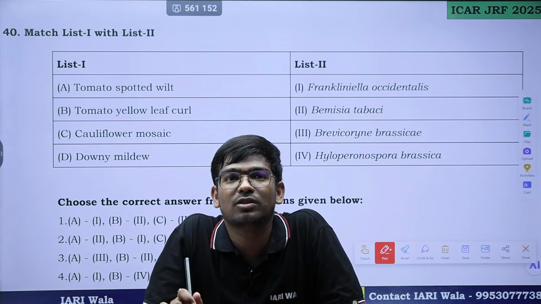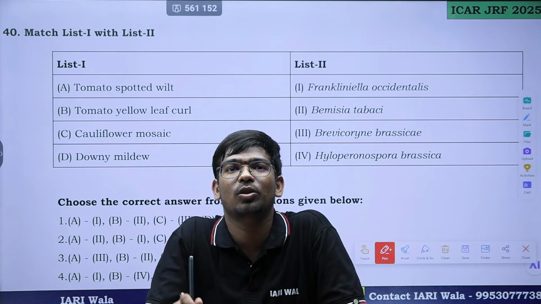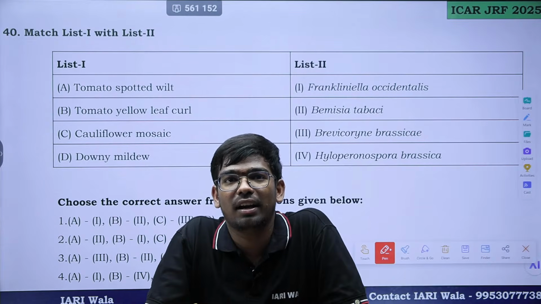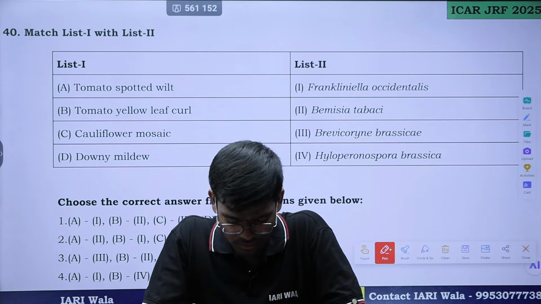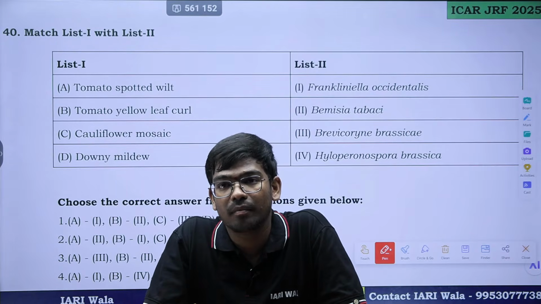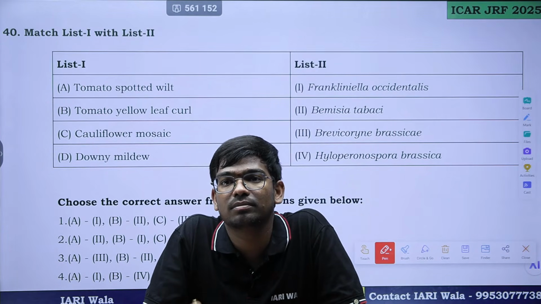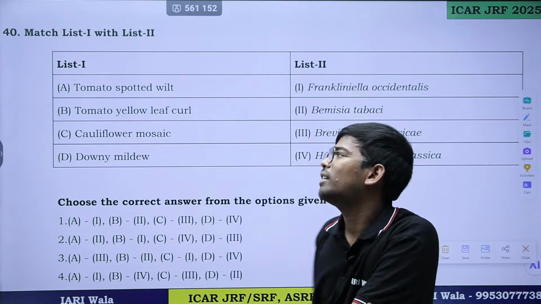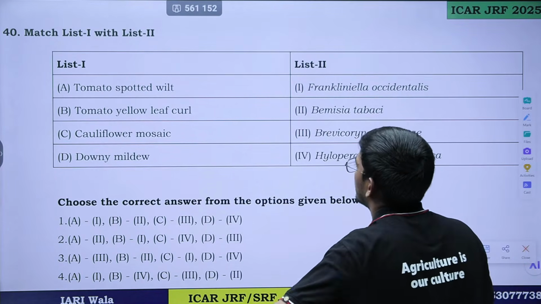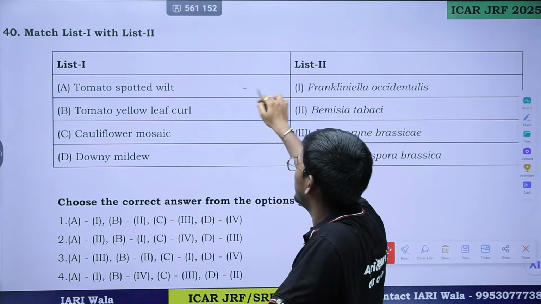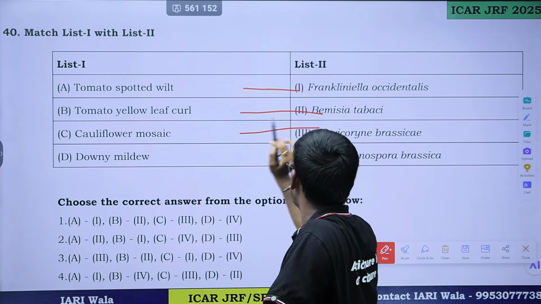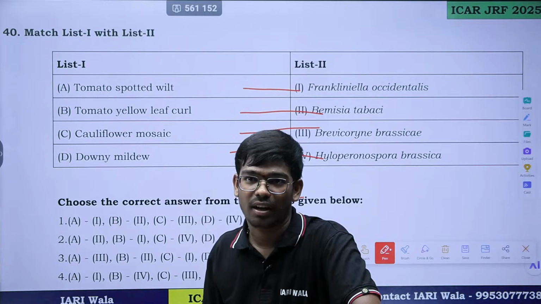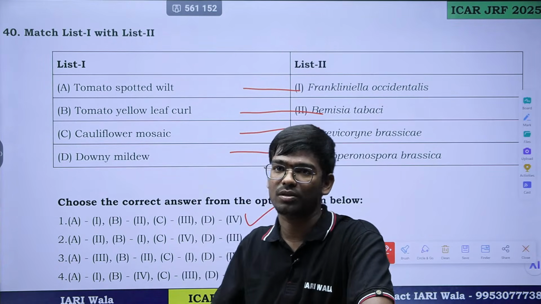Tomato spotted wilt virus, tomato yellow leaf curl, cauliflower mosaic, downy mildew, Frankliniella occidentalis, Bemisia tabaci, Brevicoryne brassicae, and Hyaloperonospora brassicae. Many students chose A. Let's see whether option A is correct or wrong. Tomato spotted wilt virus with Frankliniella occidentalis, yellow leaf curl with Bemisia tabaci, cauliflower mosaic with Brevicoryne brassicae. Same 1, 2, 3, 4. And this question was already asked in the 2023 paper, and it is repeated again in the 2025 paper also. Okay.